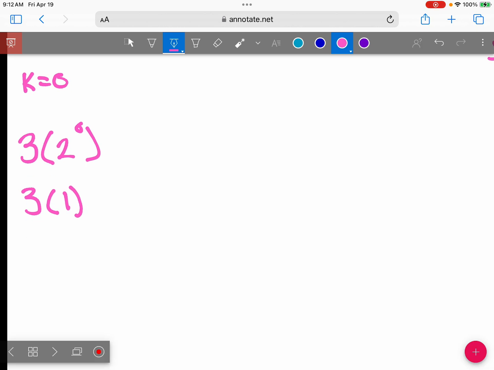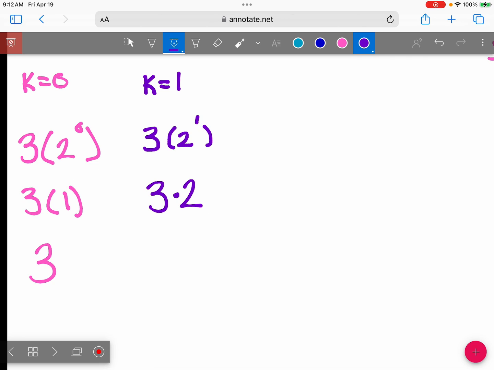So this one is just 3. Then I'm going to do my next term, k equals 1. Same thing, substituting it in. 3 times 2 to the first, which is going to give me 3 times 2, also known as 6.